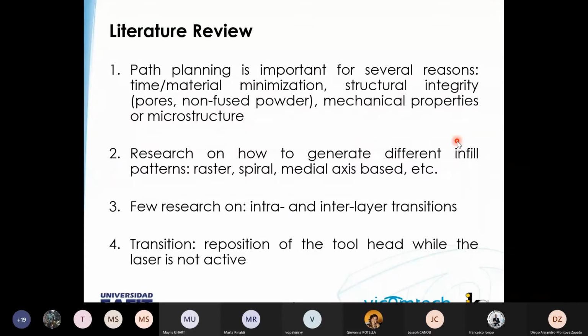But we found few works that tackle the problem of the generation of the intralayer and interlayer transitions. And what we mean by a transition is the repositioning of the tool head while the laser is not active. We need to connect two points in which we are going to deposit some powder, in our case. We need to generate those transitions.